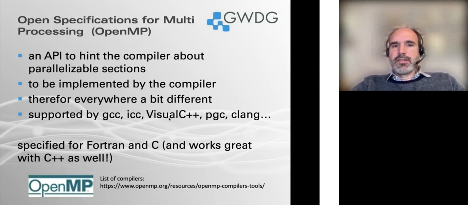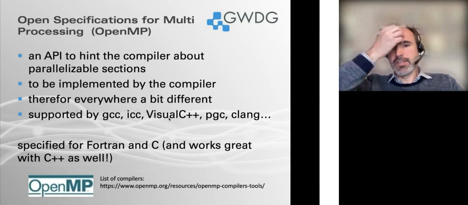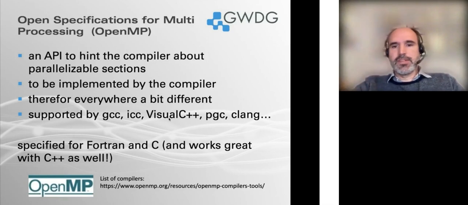As it is compiler dependent, there might be some differences, which of course are not in the main functions we discuss today, but at least there's support for the GNU compiler, Intel compiler, Visual C, and so on.